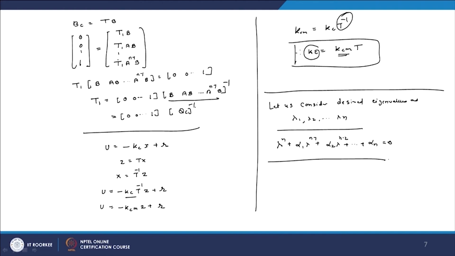This is what we basically want, and lambda 1, lambda 2 we have fixed, and from these we have determined the characteristic equation. Now we have the original equation after transformation, in terms of AC minus BC into KCM. Why KCM?